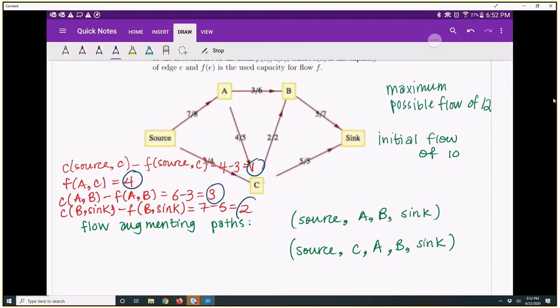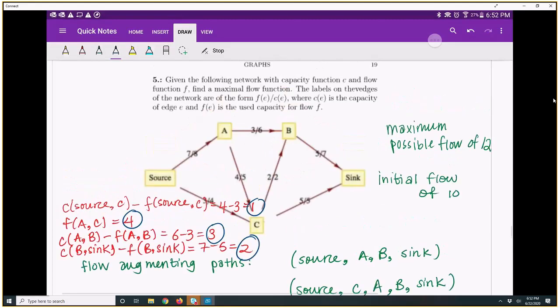I can do the same thing with the other flow augmenting path that I found. I can find C of source to A minus flow of source to A, and that's 8 minus 7, which is 1. I can find C of A to B minus flow of A to B, which is 6 minus 3, and that's equal to 3.